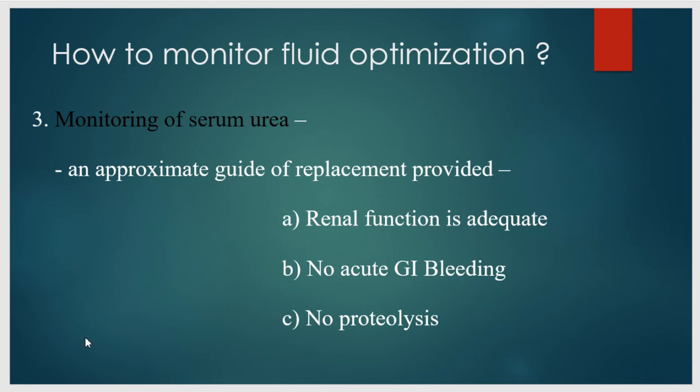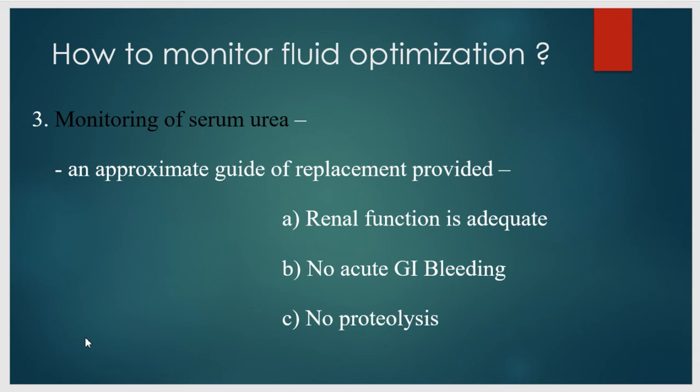Then the third one is monitoring of serum urea. It provides only an approximate guide of replacement, and only if the renal function is adequate, the patient is not suffering from any GI bleed, and there is no history suggestive of any condition leading to proteolysis, protein breakdown.